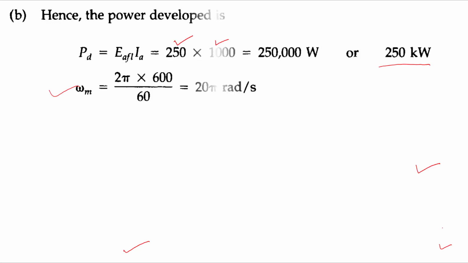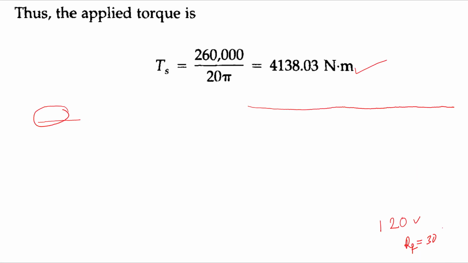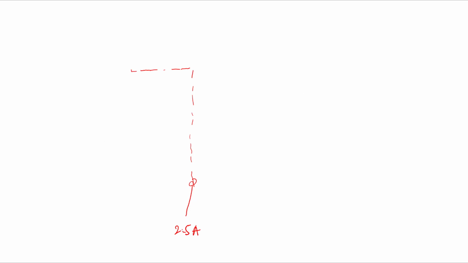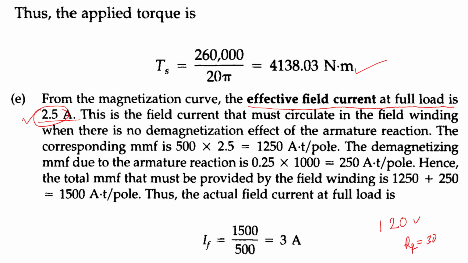So corresponding to the 250 volt, we can find the IF, right? This is your 250 volt here somewhere. So corresponding to this, around 2.5, okay. So here we will get 2.5 ampere. So the effective field current at the full load will be 2.5 ampere, okay.